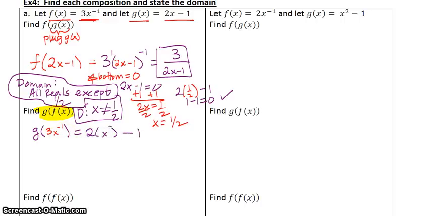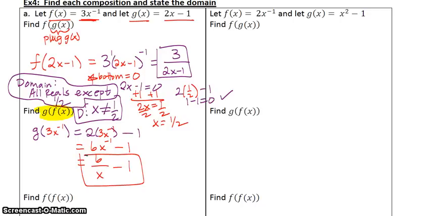What I'm saying is we're going to erase the x of g, and we're going to put in this other function. And now I'm going to simplify it. 2 times 3 is 6. And I have a negative exponent, so that x to the first moves to the bottom of the fraction. So that is my g of f of x right now.